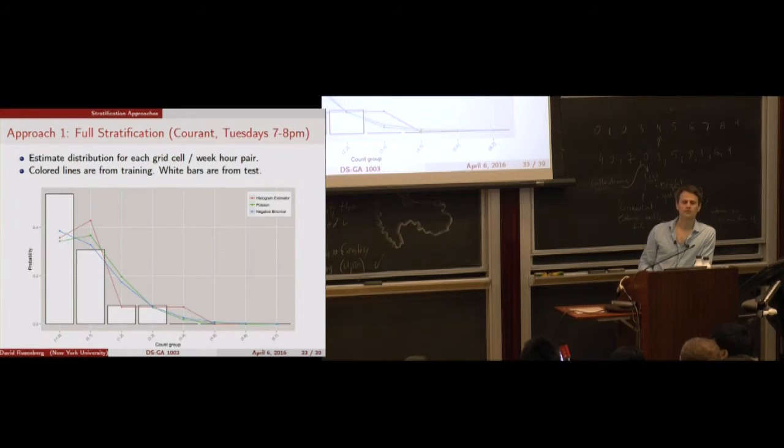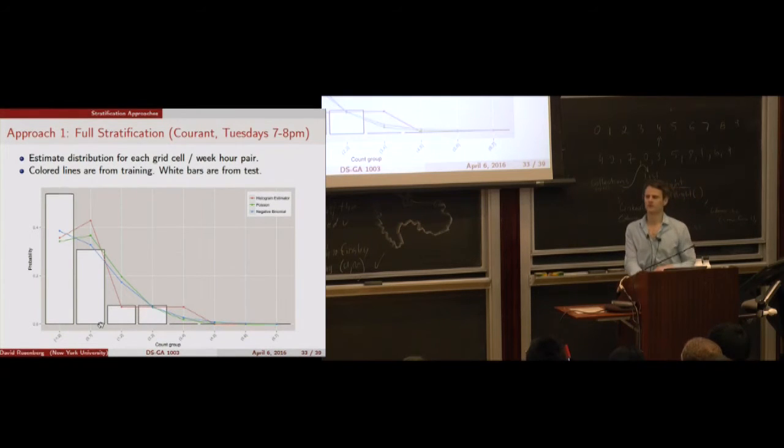Why does the red line not match the histogram? Well, that's a good question. The red line was trained on the training set, which was the first 14 weeks, and the white bar graph is the result of the following 13 weeks. So what we're seeing here is some change, some non-stationarity in the data, which means things change over time.